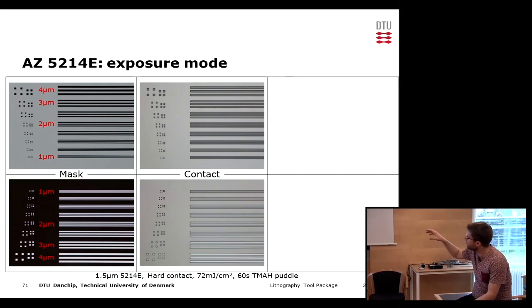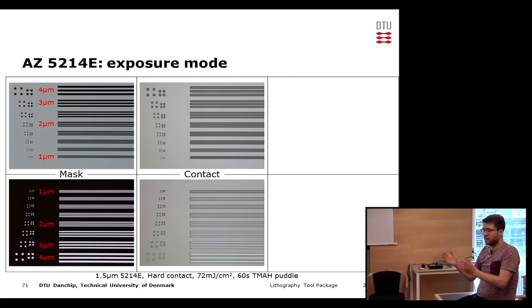The resolution of the optical microscope is around 1 micron anyway, so it's difficult for us to really figure out whether the 1 micron lines are resolved or not, but they seem to be there. There is something there. They are probably not the correct size and they may not be fully resolved, but there is something there. And the 4 micron lines look really perfect, as you can see.